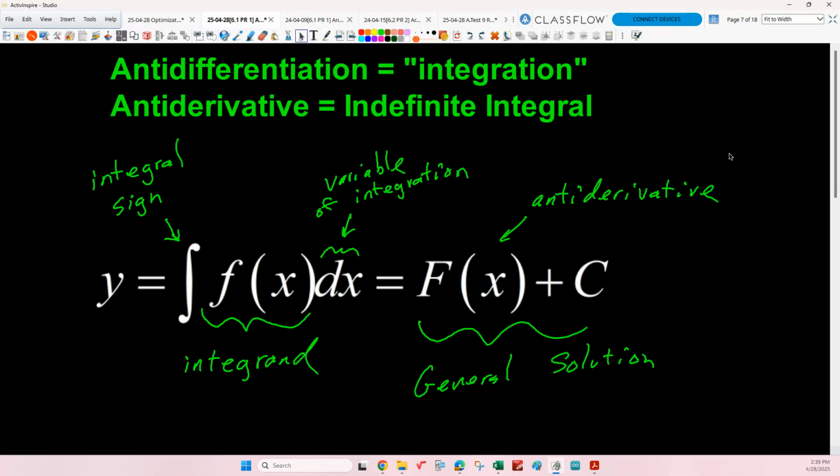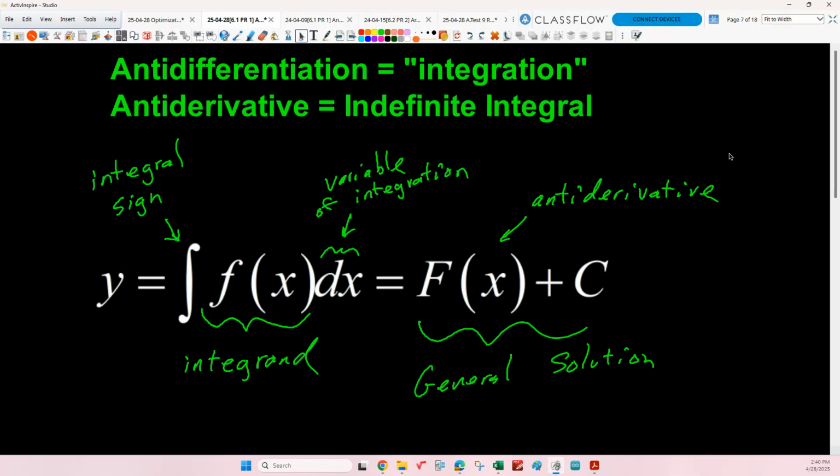So if we want to take this function, f of x, and we want to play calculus Jeopardy with it, we want to figure out what's the function that we would differentiate to get that. Well, how do we write that? We write it using this kind of a symbol. We use an integral sign, and then whatever the function is that we're playing calculus Jeopardy with, that's going to get sandwiched between the integral sign and d whatever.